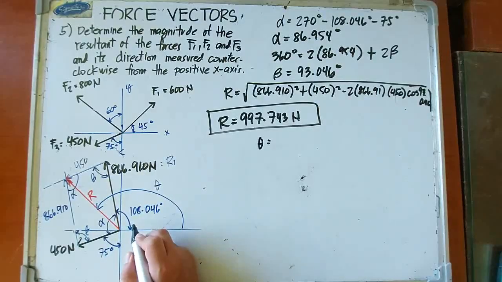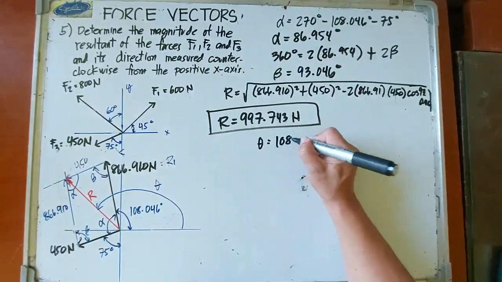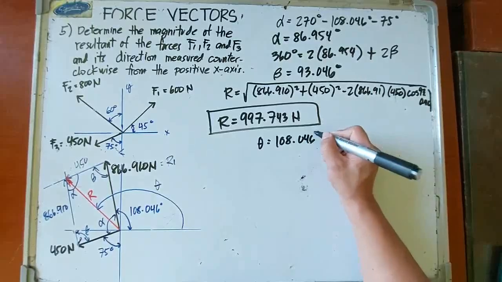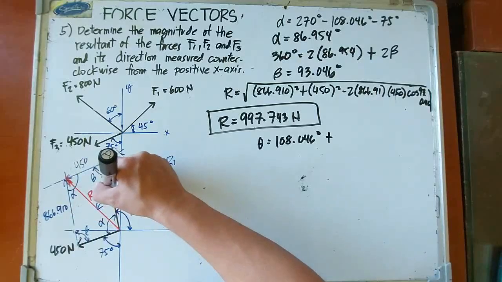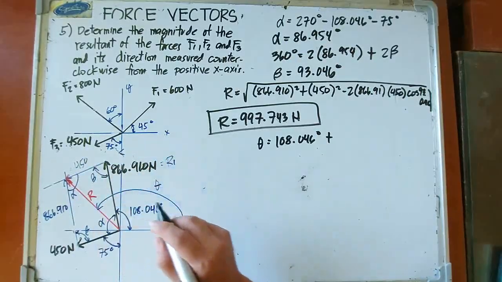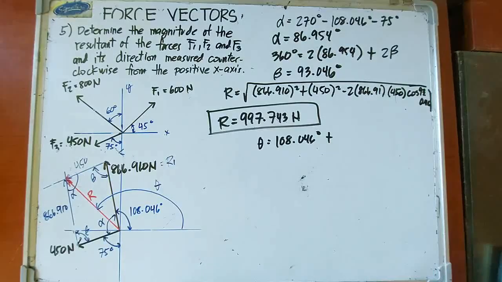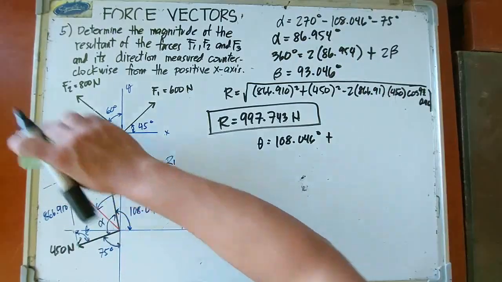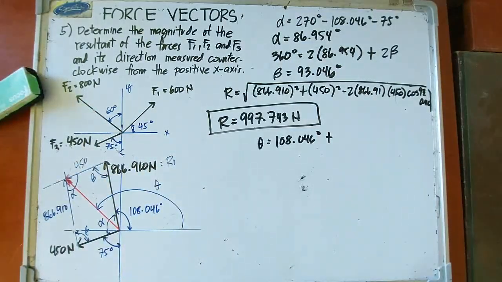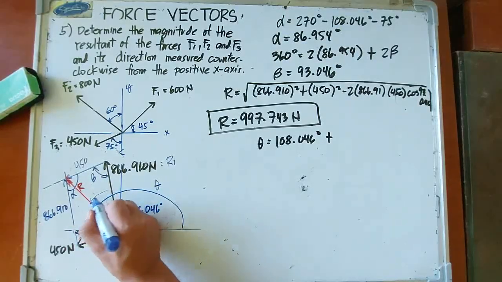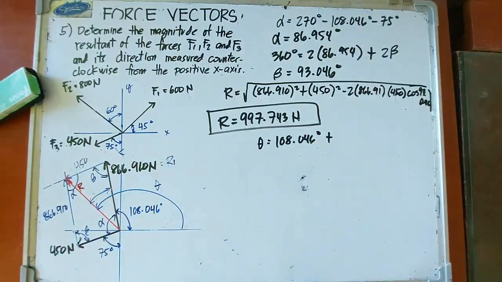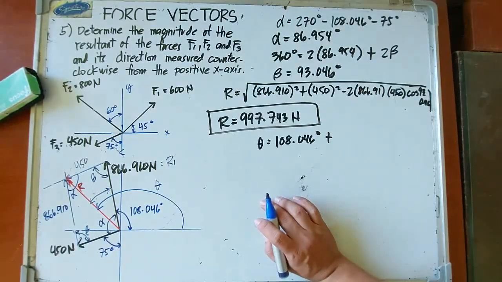So by inspection, we know that theta is equal to 108.046 degrees, itong angle na to, plus this angle. If we can solve for this angle, then masolve natin yung angle theta. Let me erase yung arrow muna dito. So this is R. Let's say this is angle, ano pa hindi ko pa nagagamit na Greek letter dito.